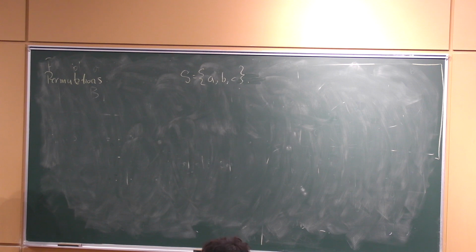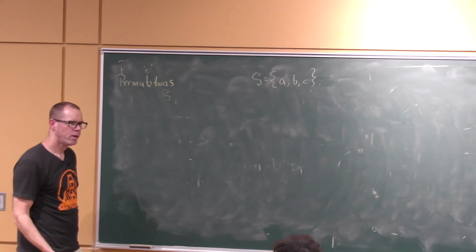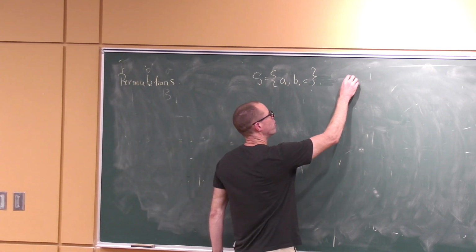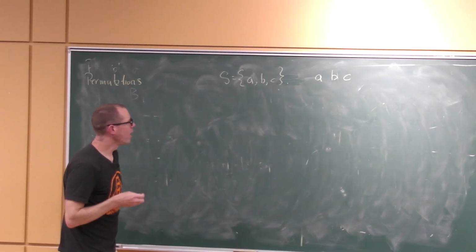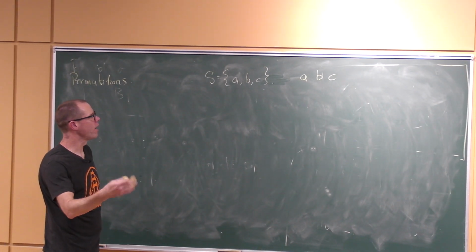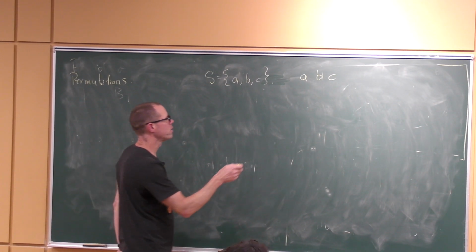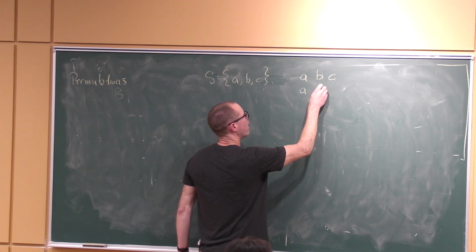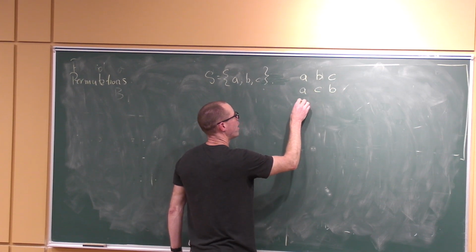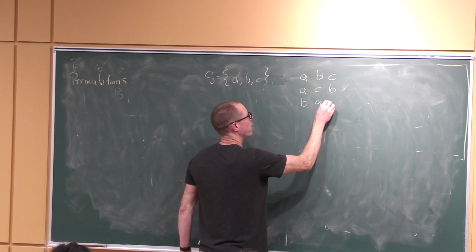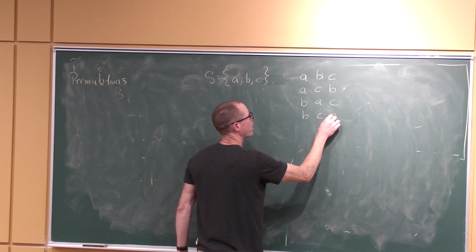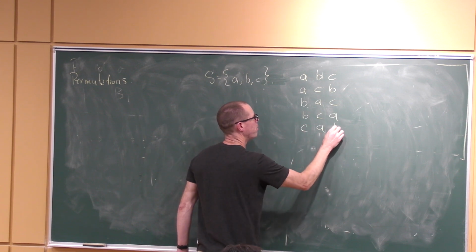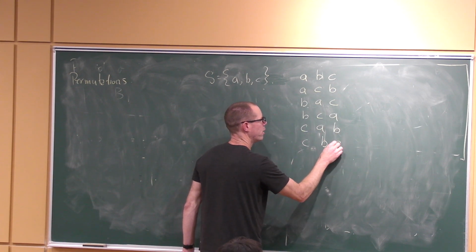So basically, a permutation is just me writing out the set S in some order. The permutations of S are the sequences that I can make by writing each element of S exactly once. So I get ABC, ACB, BAC, BCA, CAB, and CBA.